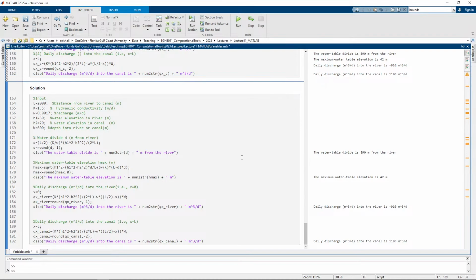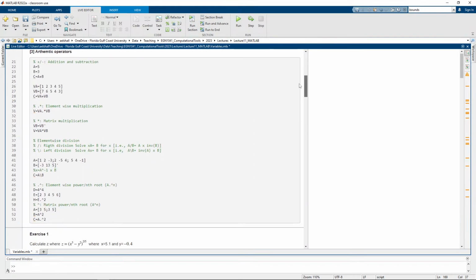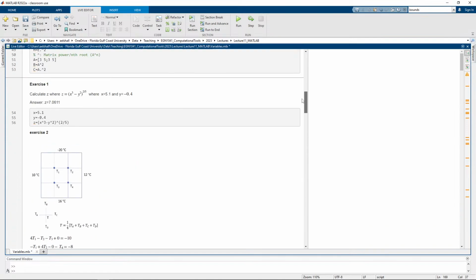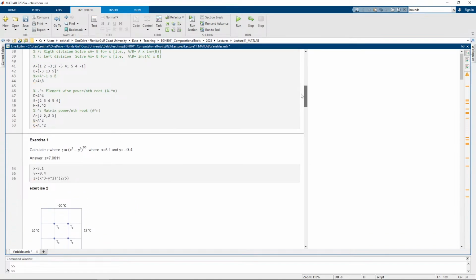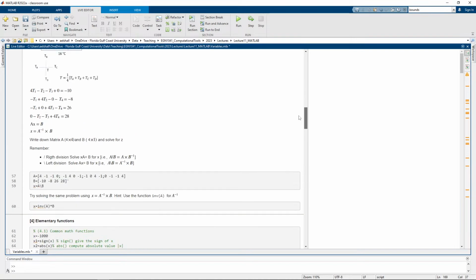Okay, so now we've learned how to use the MATLAB workspace, what scalar and array variables are, how to do some arithmetic operations with MATLAB, both in matrix form, as linear algebra, and as simple arithmetic.